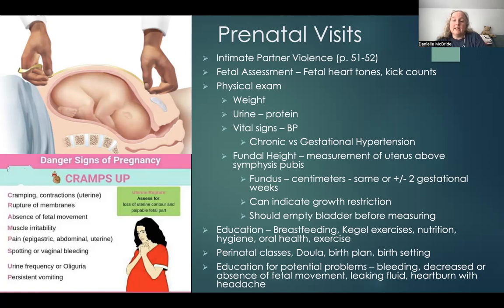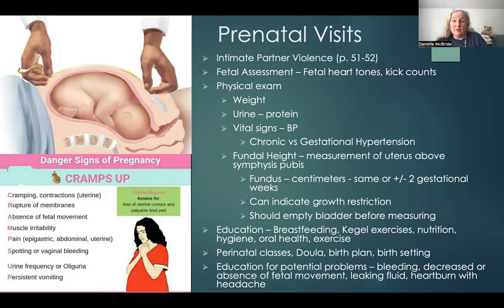We're teaching her about things to report, things that would be signs that are concerning. So if she's doing her kick counts and the baby's not moving as much as usual or at all, if she's got bleeding, then that's concerning.